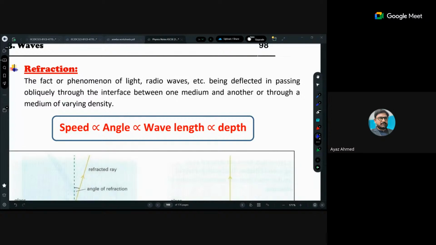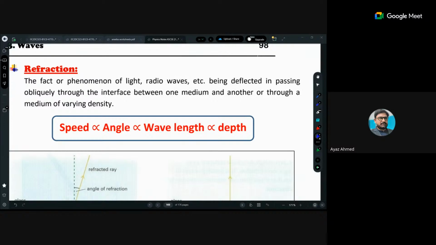Medium change means the light is entering either from air to glass, or from deeper to shallower, right? Either entering from glass to air and so on. I mean, medium change होना जरूरी है. क्या जरूरी है? Medium change होना जरूरी है.